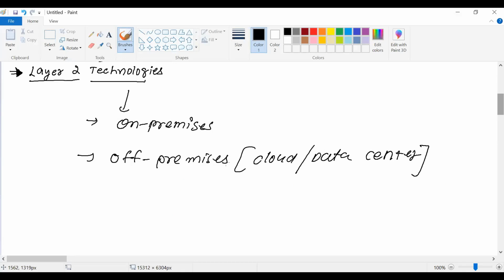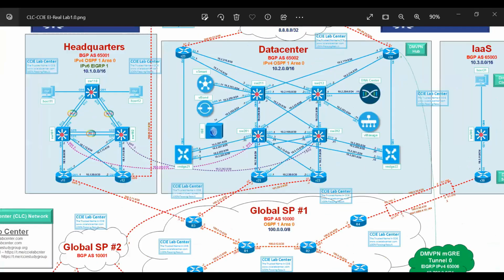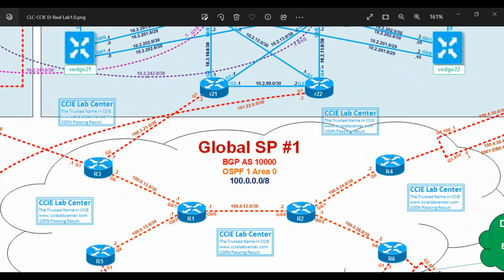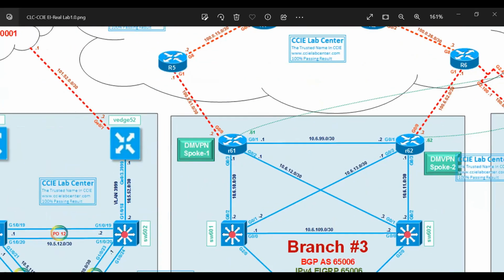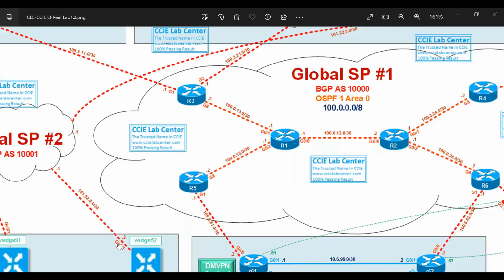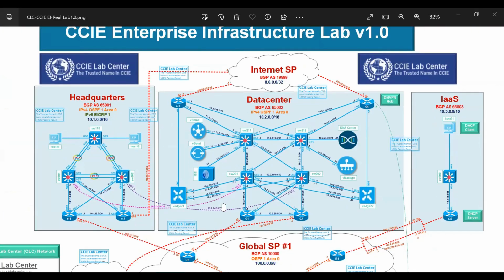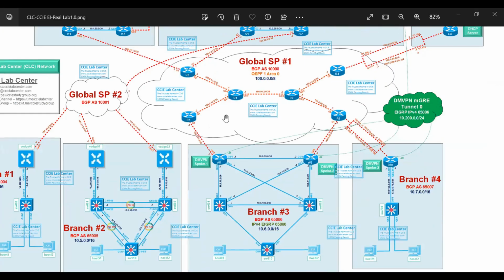In this topology, we have deployed our controllers in the data center and our network devices are located on the branches. Then we have the global SP here. We have two internet service providers, here and here.